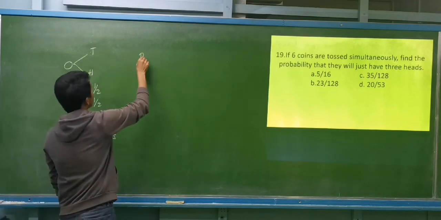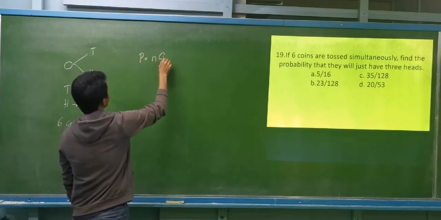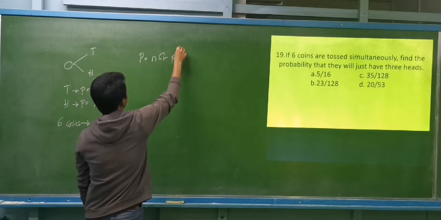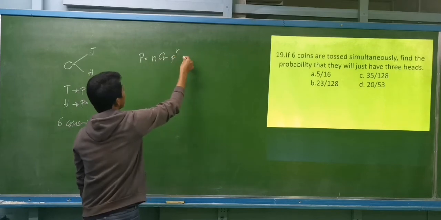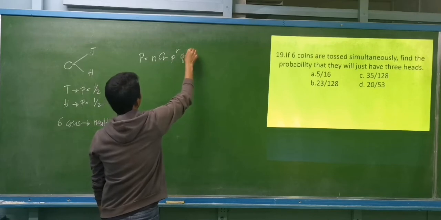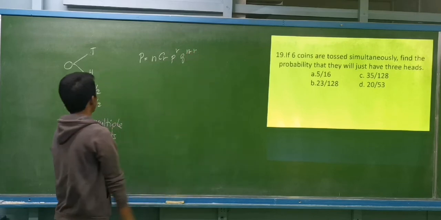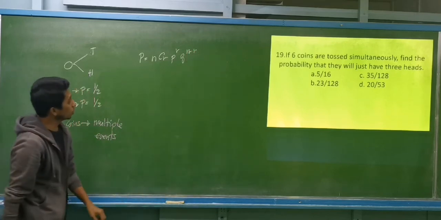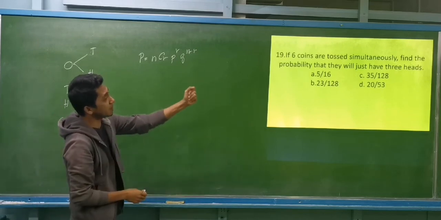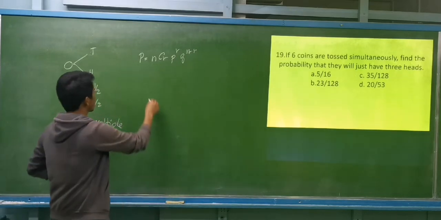Kapag multiple events, the probability is n combination r, probability to pass raised to r, then probability to fail n minus r. So dito, kung mag-focus lang tayo, ang hinahanap natin dito is 3 heads.